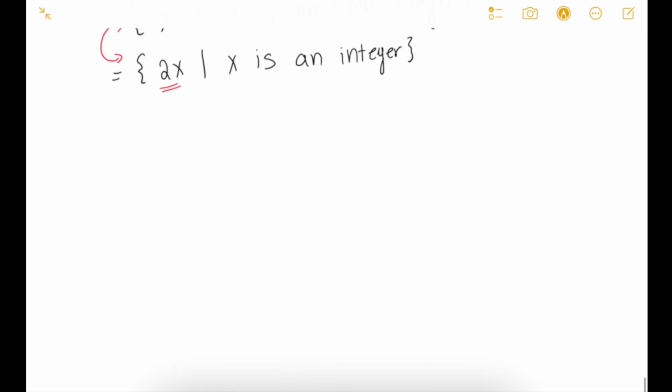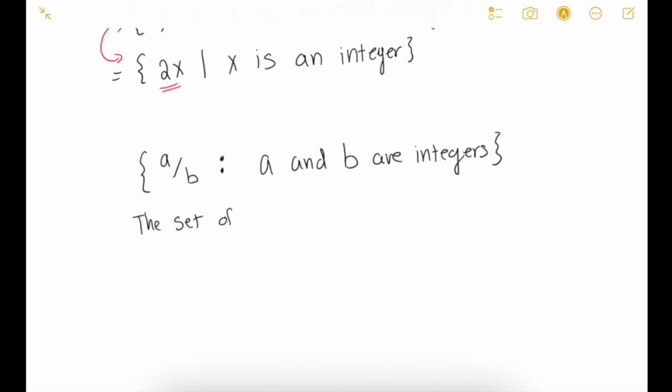Say we wanted to express fractions. We could express them as the set of all a over b such that a and b are integers. This would be the set of all fractions. Oh, I should do something here.